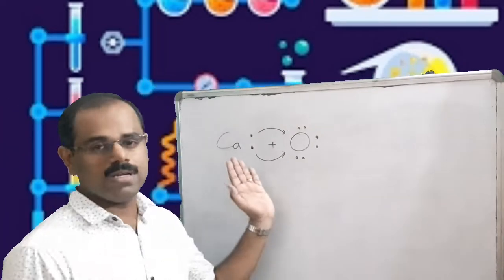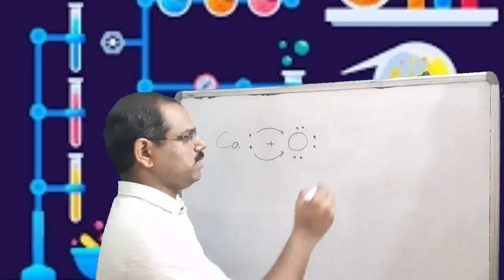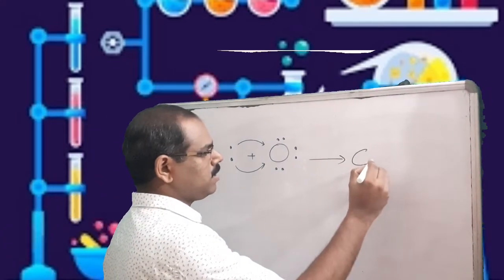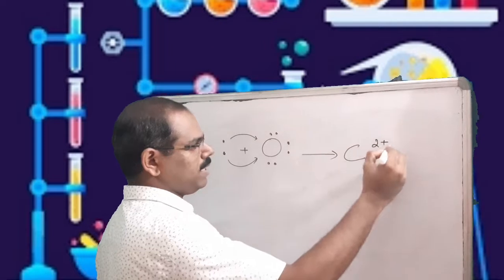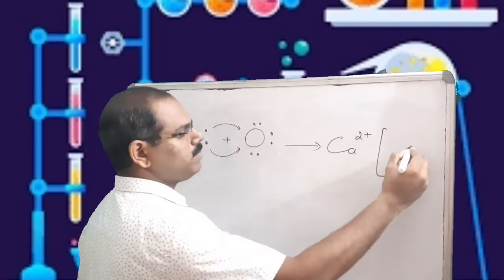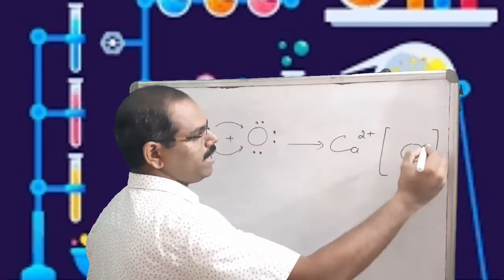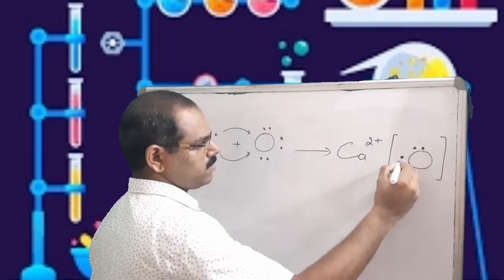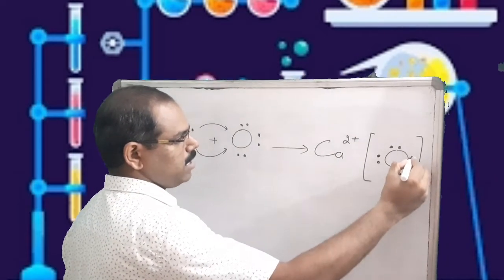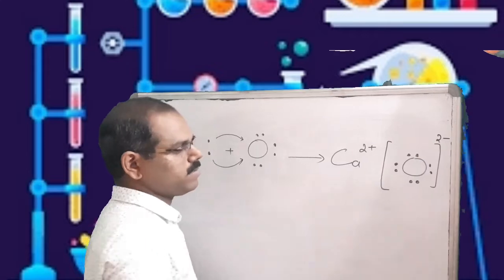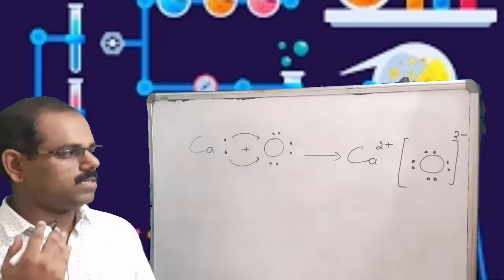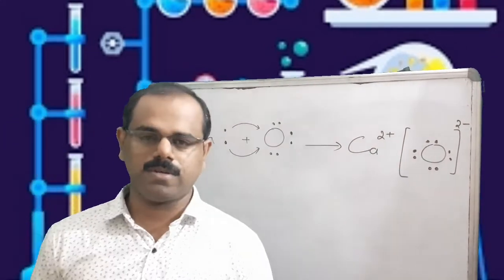That means these 2 electrons are given to oxygen. So calcium becomes calcium 2+ and oxygen becomes oxygen 2- with 8 electrons. So this is the dot structure of calcium oxide.